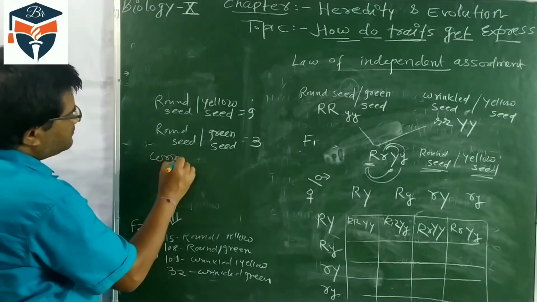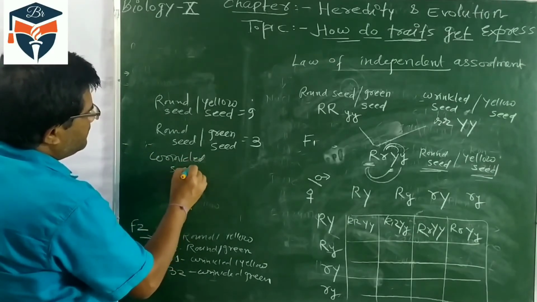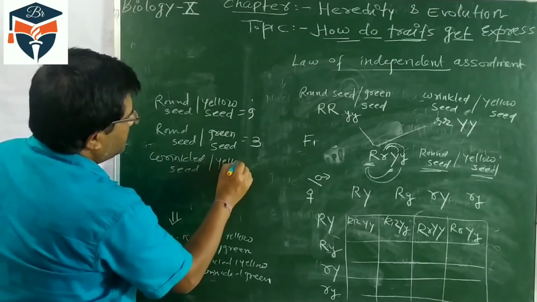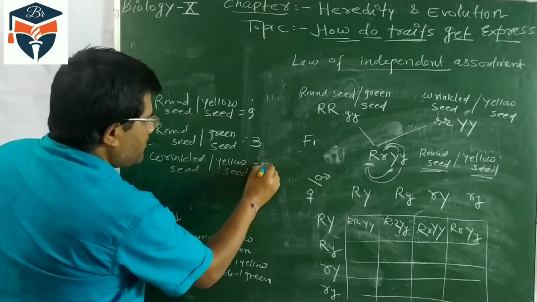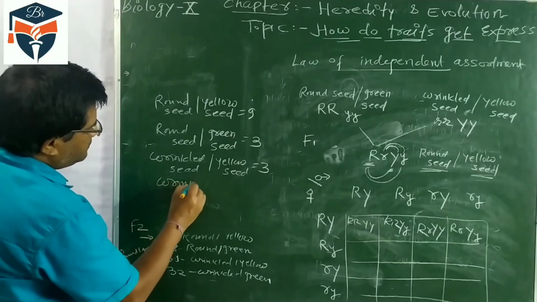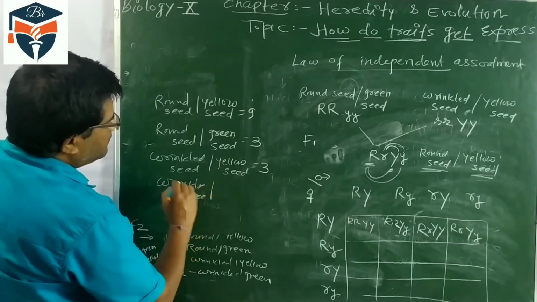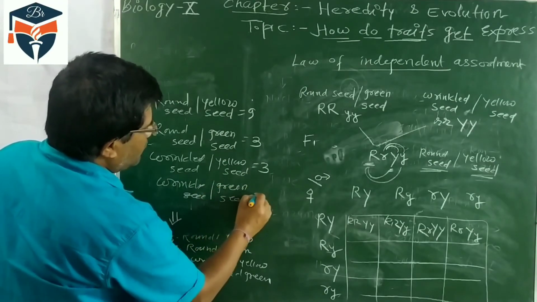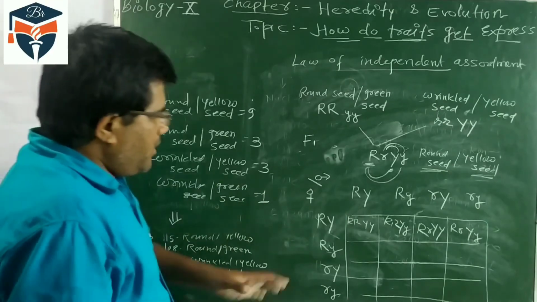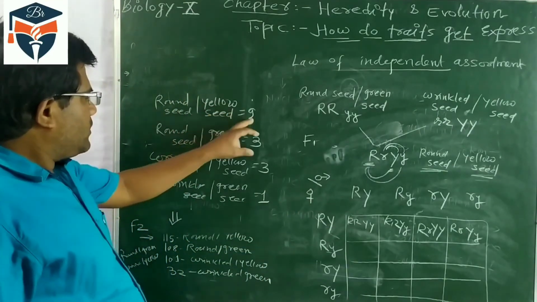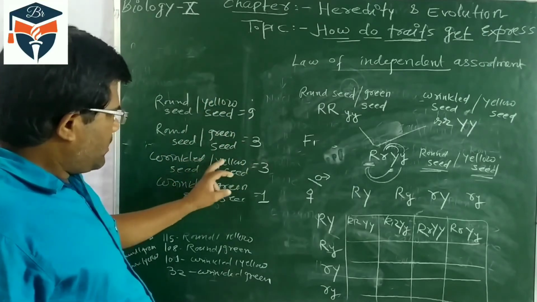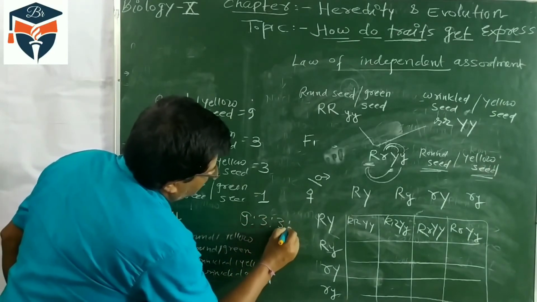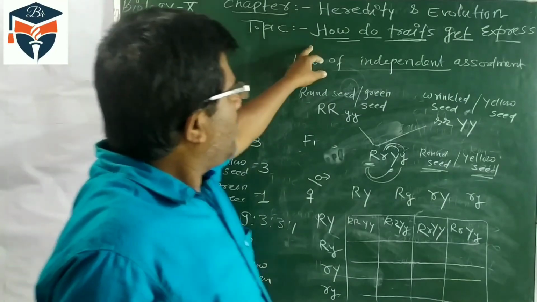Then wrinkled seed and yellow seed will also come 3. And the last one, wrinkled seed and green seed, comes 1. So in the F2 generation, round and yellow seed 9, round and green 3, wrinkled and yellow 3, and wrinkled and green 1, thus we are getting the ratio 9:3:3:1. How does a trait get expressed?